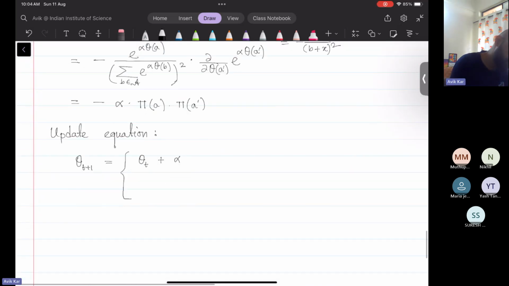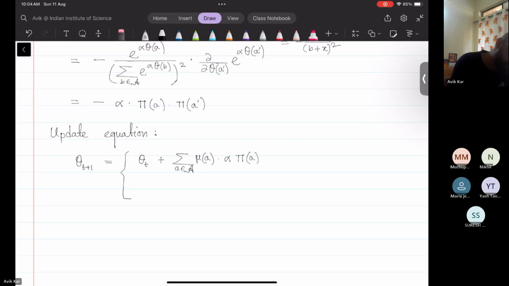Mu a is also there. So this is not the actual update equation we'll use. This is the exact update equation if you knew the multi-armed bandit entirely. So mu a times alpha times pi a, 1 minus.